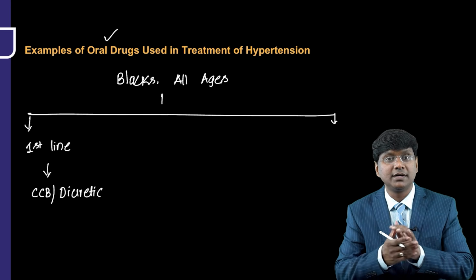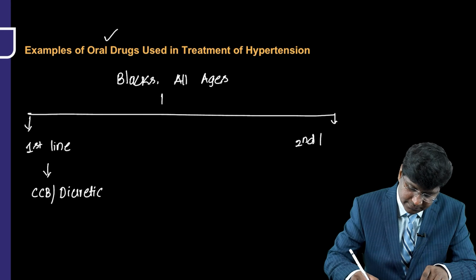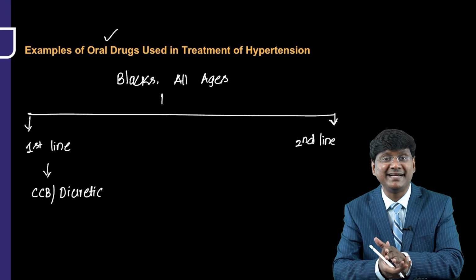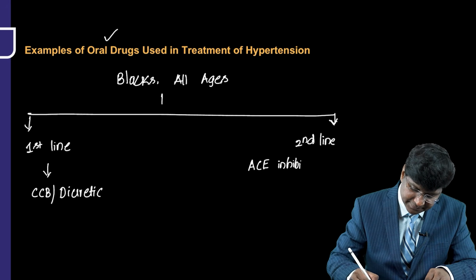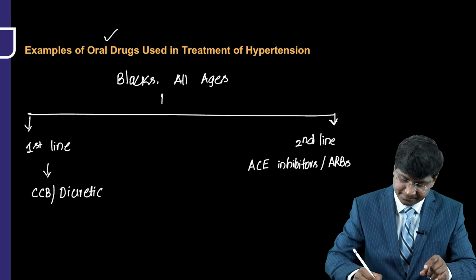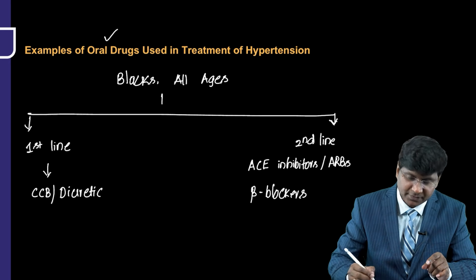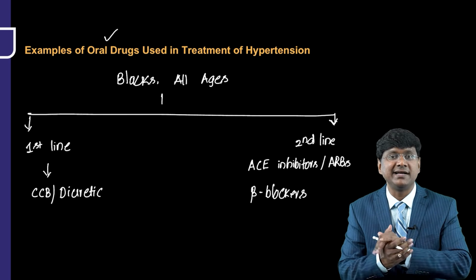Whereas the second line antihypertensive will be an ACE inhibitor or angiotensin receptor blockers or beta blockers, right? Or vasodilating agents should be used. So these are the second line agents.